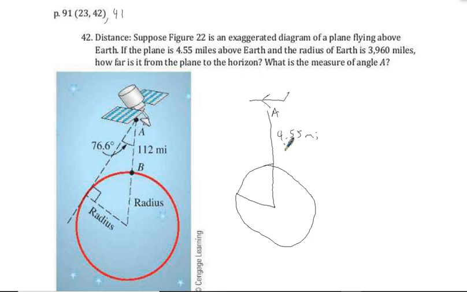Here's A, and here's point B, and here's the center of the Earth. It gives us a radius of 3,960 miles. And this would make a right angle here, as this radius to the tangent line makes that right angle, and they first want us to find that side. What is the length or distance from the plane to the horizon?